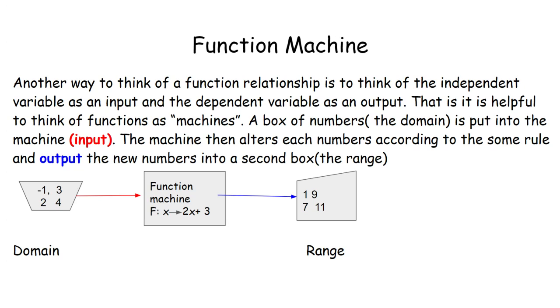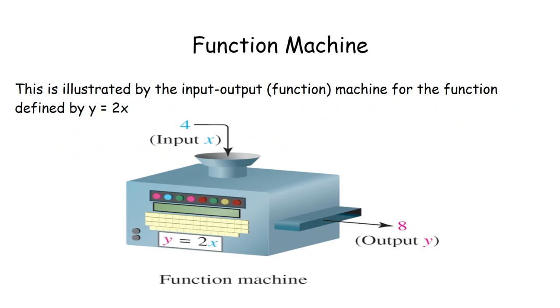The machine then alters each number according to the rule and outputs the new numbers into a second box, which is the range, as we represented here in the slide. This is illustrated by the input-output function machine for the function defined by y = 2x. As you see in the figure here, the input is the number 4, put in the machine, and in base of the rule y = 2x, we obtain the output number 8. This is the function machine idea.